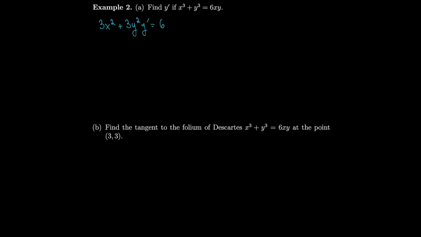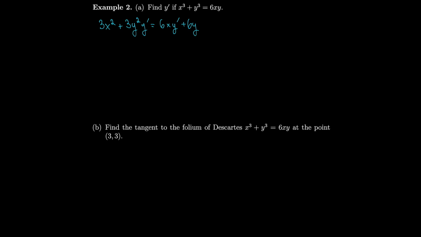So that's equal to 6x y prime plus 6y, because we have to actually use the product rule here. 6x is a function of x, y is a function of x, so that means it's 6x times the derivative of the second guy, and then it's the derivative of 6x, which is 6, times the y without the derivative.